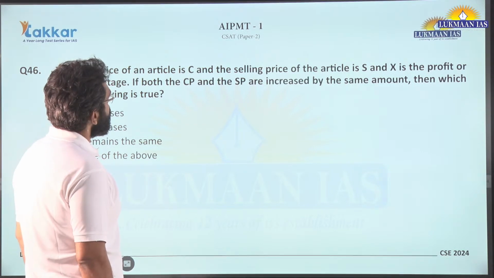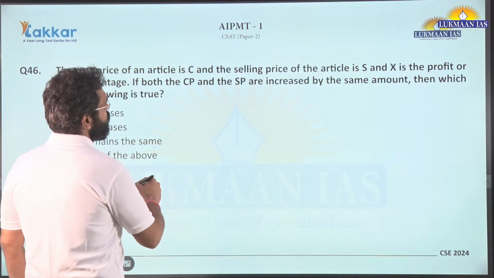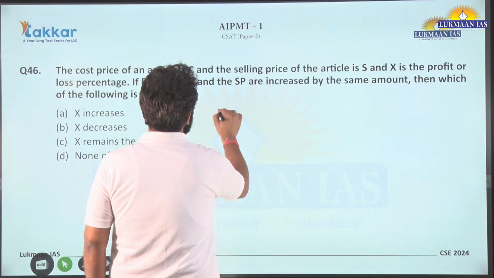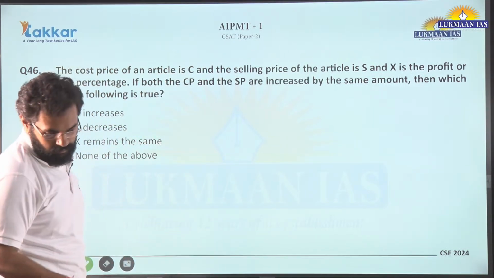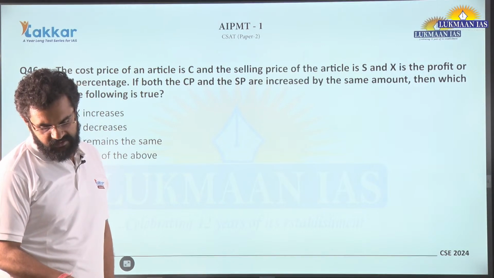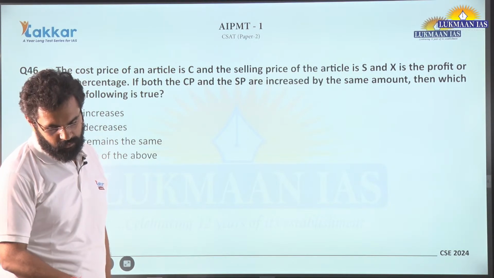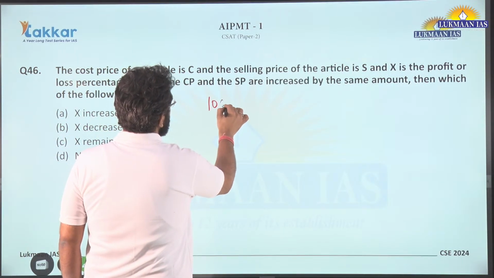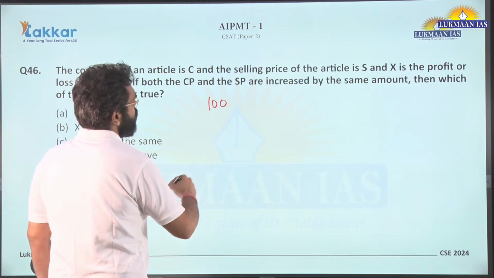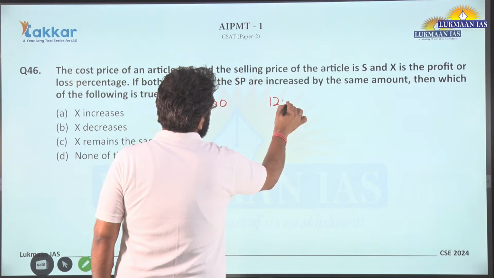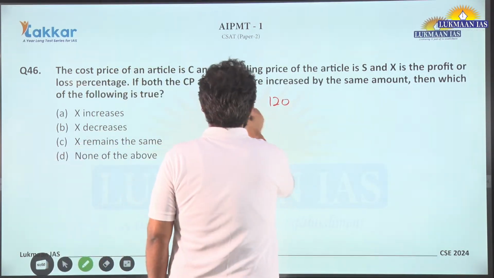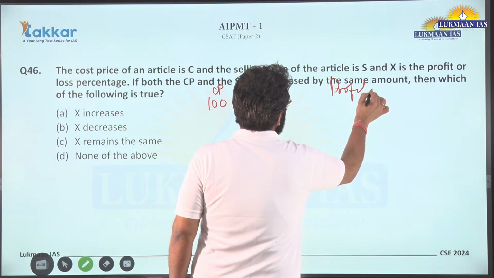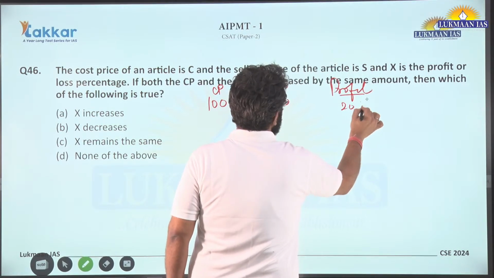Cost price of an article is C and the selling price of the article is S, and X is the profit or the loss percentage. If both cost price and selling price are increased by the same amount, which of the following is true? Let's see. If the cost price is 100 and let's suppose the selling price is 120, profit would be 20%.